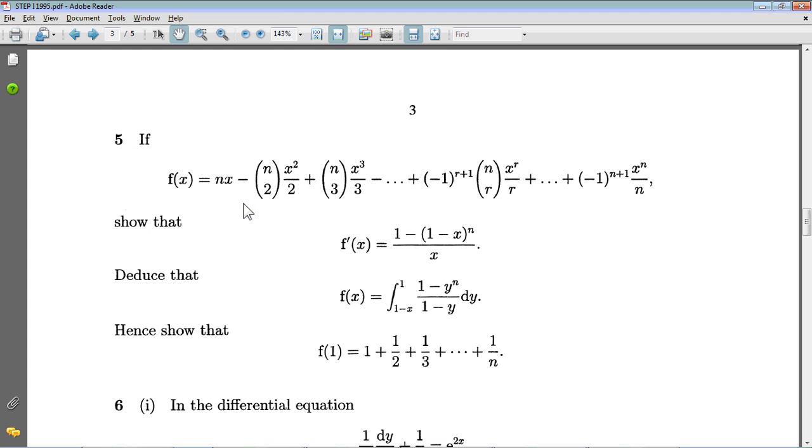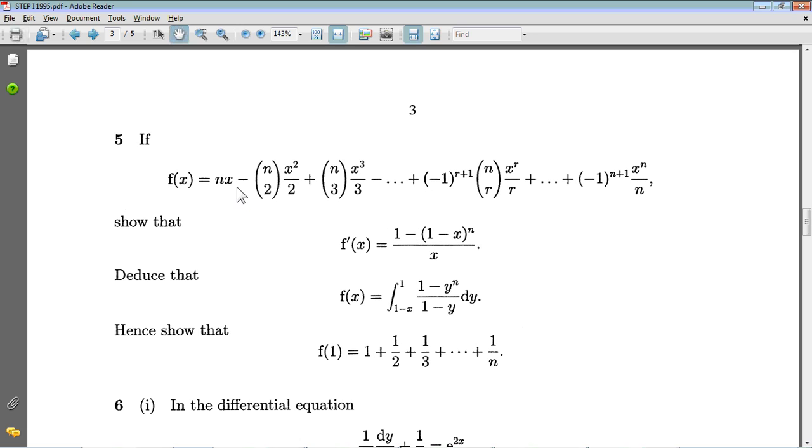Now the function is written out in full here, and we're first asked to show that the derivative of the function, f dash x, has this particular form. So I'm going to show a way to do this which I think makes the most sense, which is to use sigma notation. What do I mean by sigma notation?